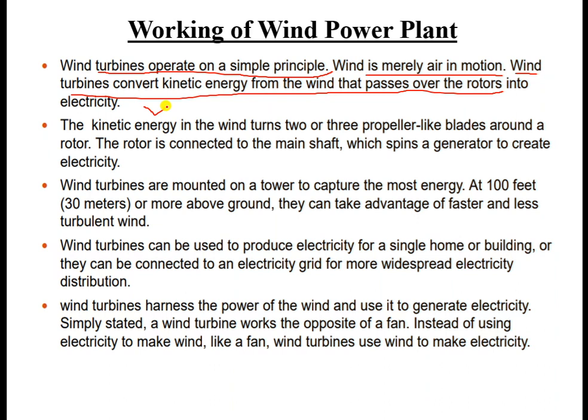In your childhood, you have played a particular game where there is a stick and a paper-like structure with three blades that you have made. You fix it on the stick so that it can rotate.